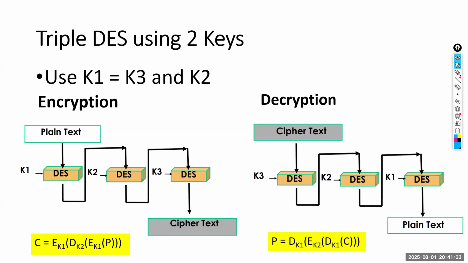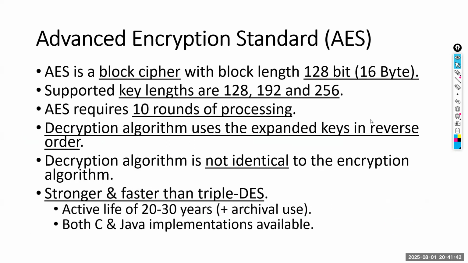And of course, triple DES is strong, but it's slow. So there's another alternative now, that is AES.